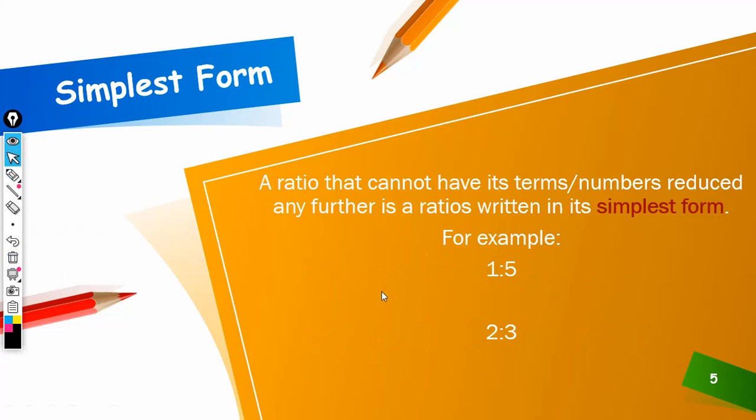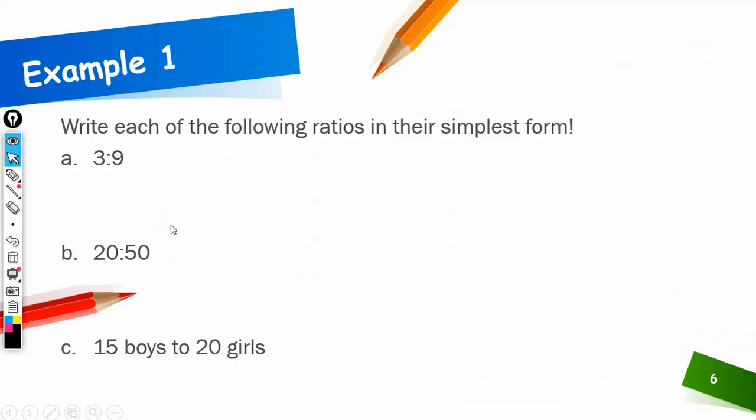Now let's see some examples. Write each of the following ratios in their simplest form. Okay, A, 3 to 9. How are you going to make the simplest form of this?